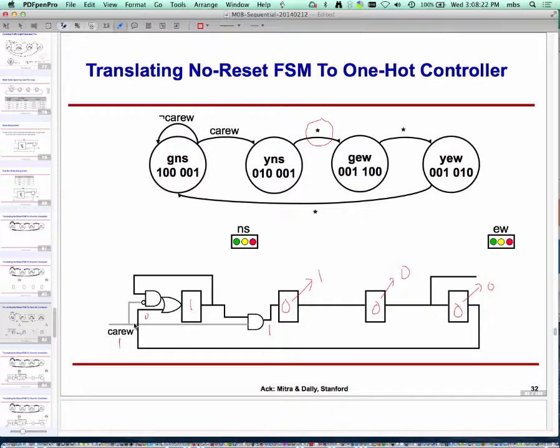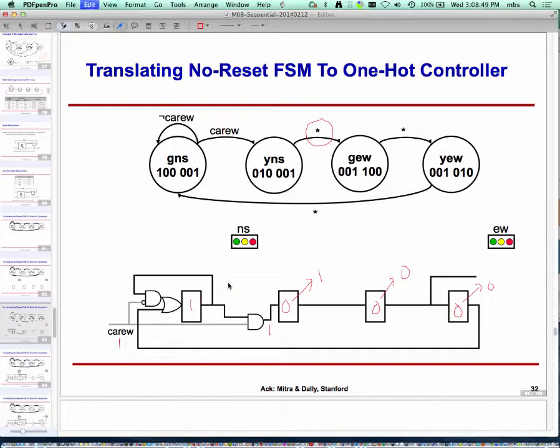Car east-west is high, so input of this AND gate is 1 and 0, so it's 0. So I get a 0 out here. And this 1 therefore will move to 0. So when car east-west is high, I move from 1 0 0 0 to 0 1 0 0. That's what we want.